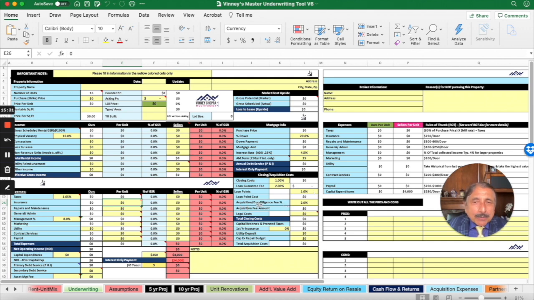And then the acquisition due diligence fee is 2%. So we split 2 and 2, as 4% total of the purchase price, for all the hard work that you do, guys. I'm telling you, that was something my coach and my mentor taught me 15 years back.